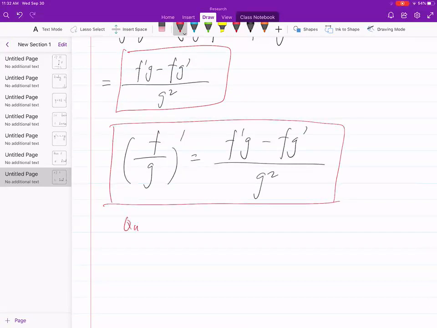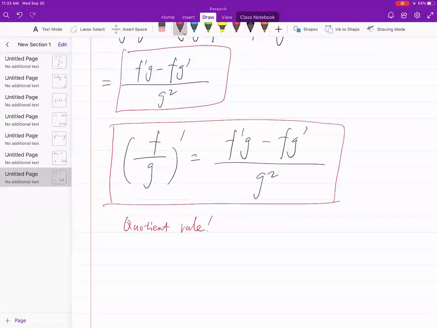Quotient rule. Sounds good. Similar trick as before.